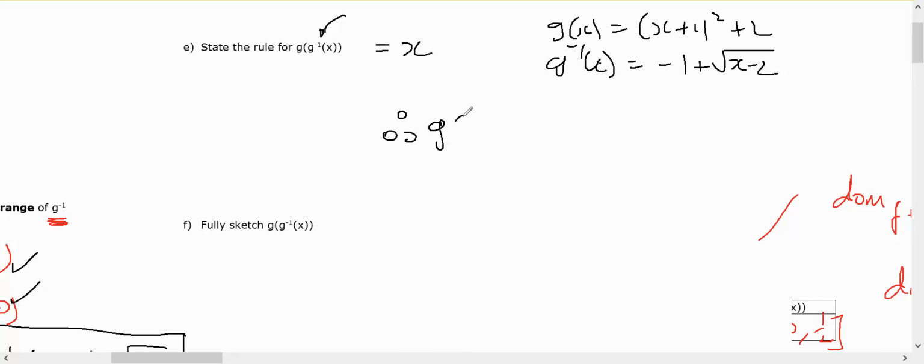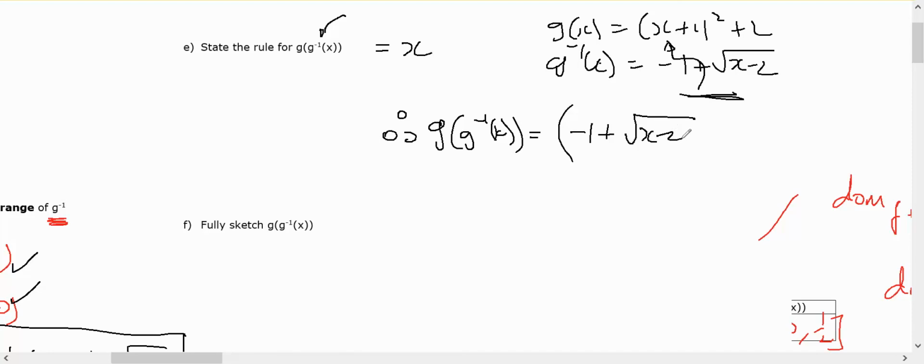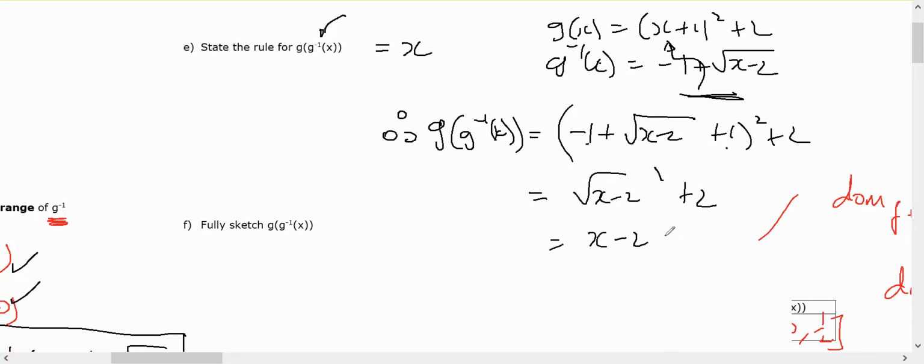Therefore, g of the inverse of x will equal, putting this inside of there, I end up with (-1 plus the square root of x minus 2 plus 1) squared plus 2, which gives me -1 and plus 1 is 0. The square root of x minus 2, squared, plus 2, x minus 2 plus 2, I get x.